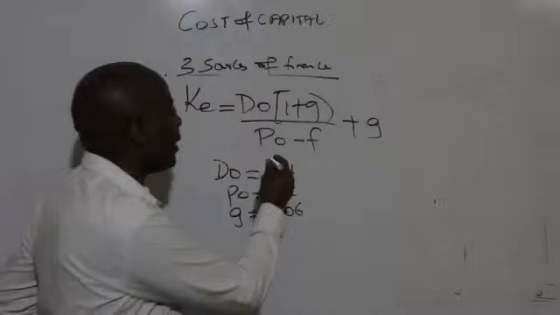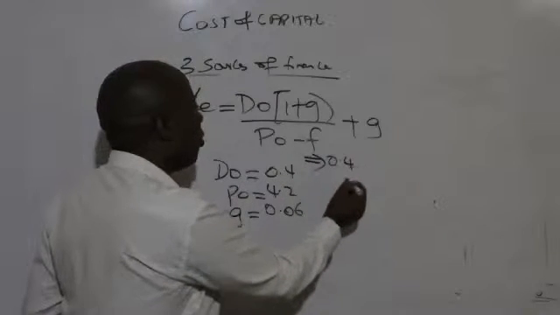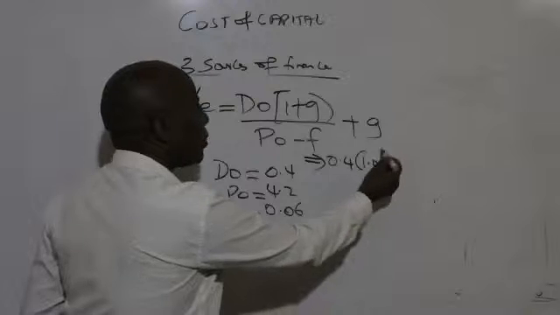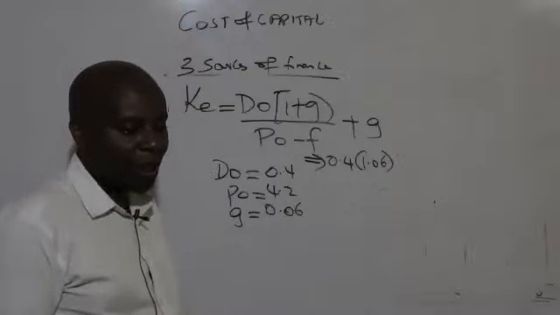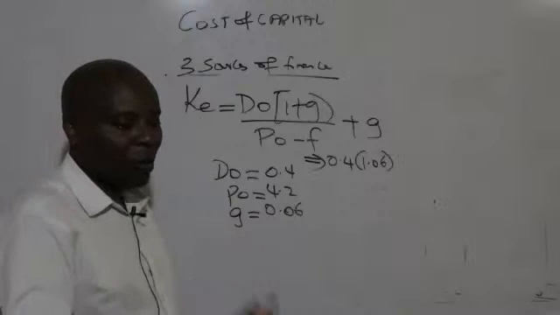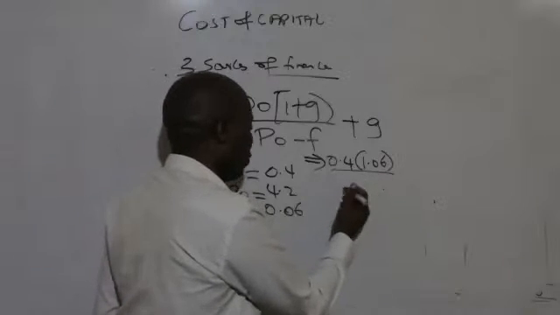So our Ke will be equal to our D0, which is 0.4, into 1.06. Where have I got 1.06 from? It is 1 plus the growth rate, 1 plus 0.06, all over P0 which is 4.2.